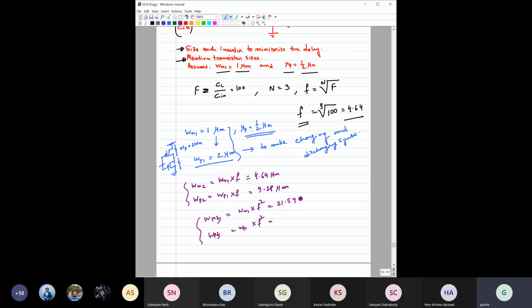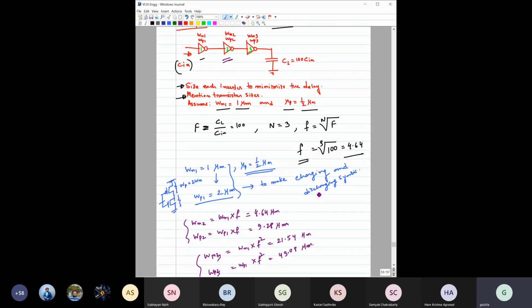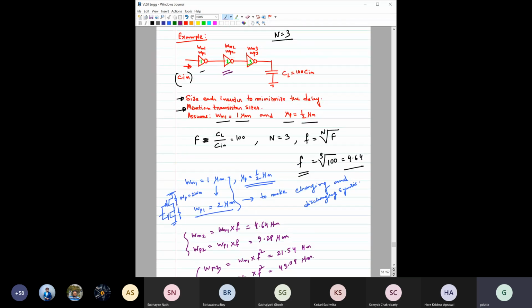So for the third stage, this many micrometer, and for the next one, it should be 41.08 micrometer. Like that, even from the transistor level point of view, you can understand that if you have to minimize the delay, you know how you should size each PMOS and NMOS.